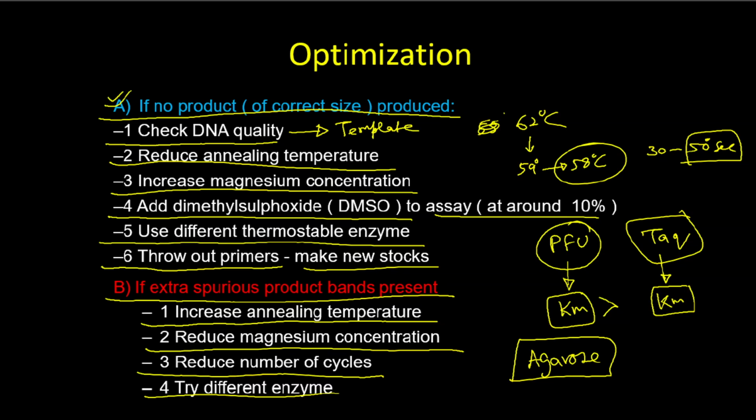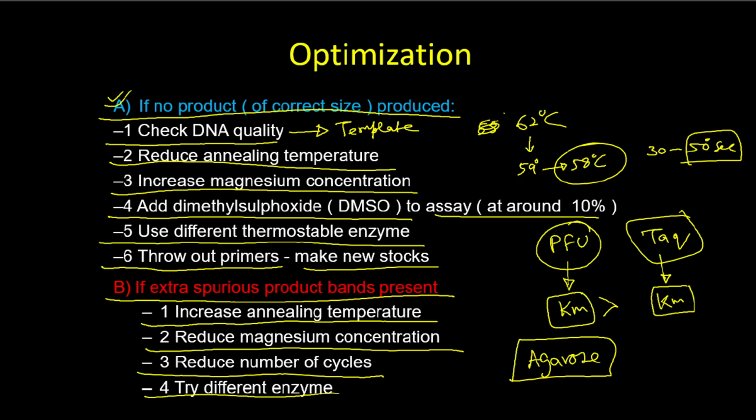So that helps us in finding the base change wherever the Taq polymerase can make one. So if a very sensitive gene is there, if a very sensitive DNA you are replicating, in that case it is preferable that you use the fusion enzyme, PFU.